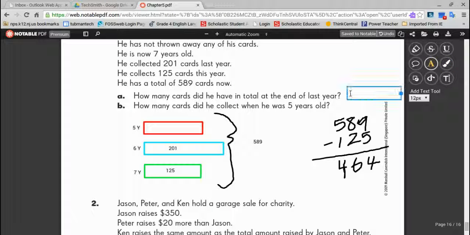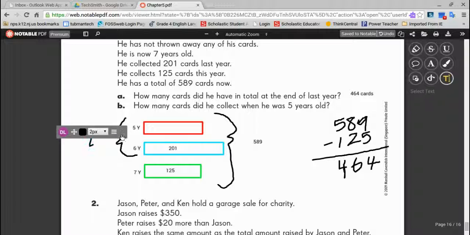I'm going to put that answer right here: 464 cards. So, at the end of last year, he had 464. Let's make that a little neater. So again, after year 6, at the end of last year, he had 464 cards.